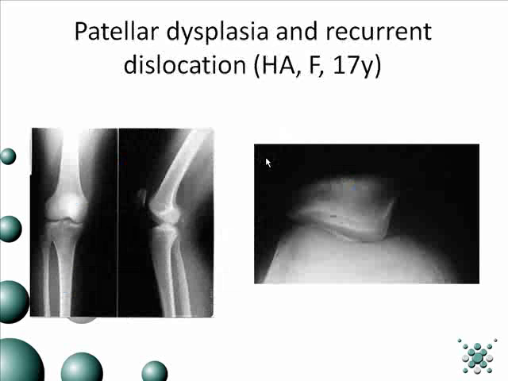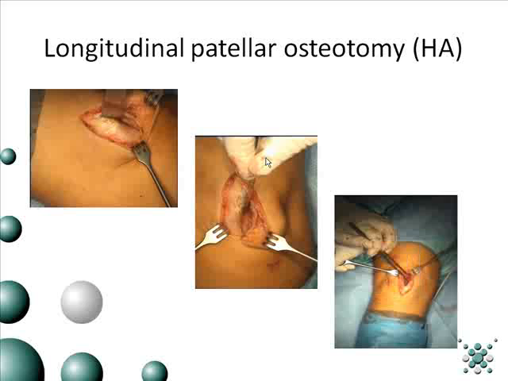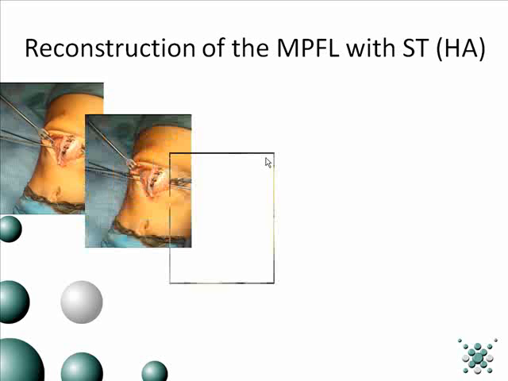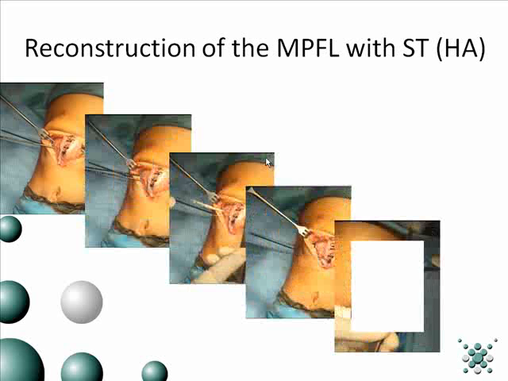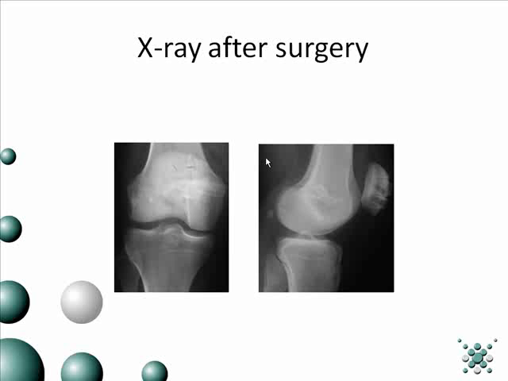This is patellar dysplasia. This is Wiberg 2 and dislocation. First, after arthroscopy, we start with longitudinal patellar osteotomy to correct patellar dysplasia. After this, we can follow with the same technique for reconstruction of the medial patellofemoral ligament. This is the X-ray at the end of the procedure.